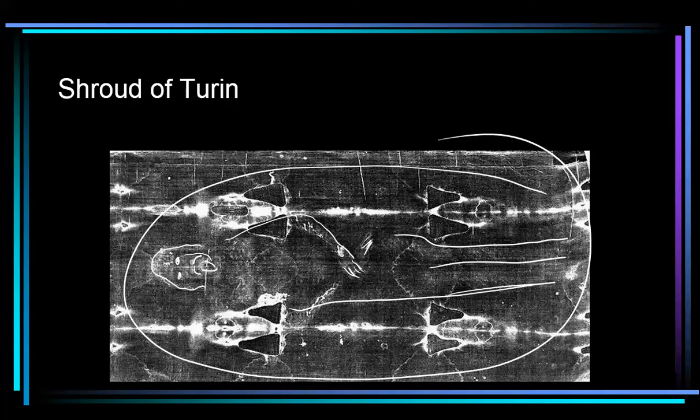So for at least 800 years, this shroud has been in contact with the open air. What's in the air? Pollen, yeast, fungus, bacteria, viruses. They would take this out and let people touch it, kiss it.